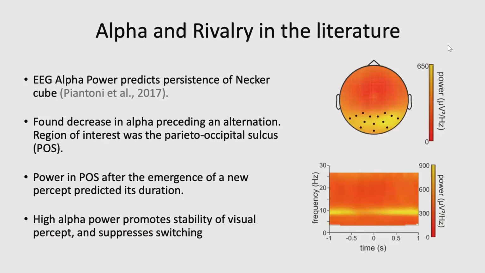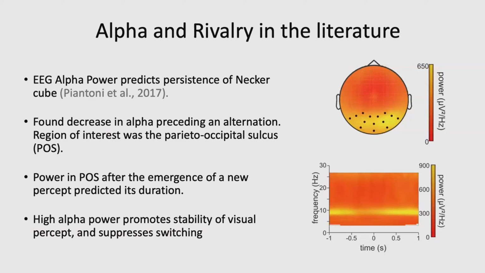In the literature, there was one relevant paper already published using EEG. They don't use binocular rivalry. They use a Necker cube to induce the bistability. But this is an interesting paper because, just like we might expect if alpha is a stabilizer, they found a decrease in alpha immediately preceding an alternation in a parietal occipital area.